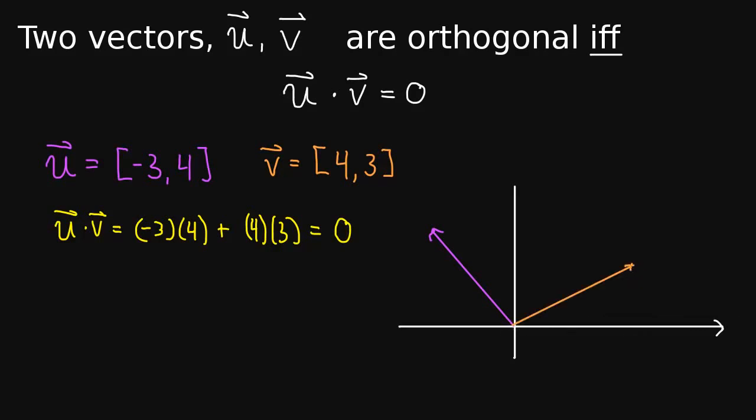And even though this is just a rough sketch, it seems pretty reasonable that these two vectors are orthogonal. That looks to be about 90 degrees in there. And we know for certain, because this dot product is 0, that they are orthogonal. And just by the sketch, that kind of confirms in our mind, if we had any doubt, that they are indeed orthogonal. Okay, so this is the definition of orthogonal. I'll see you in the next video.